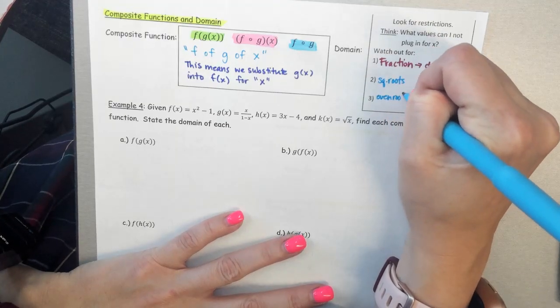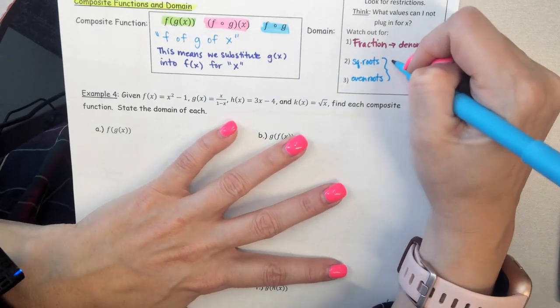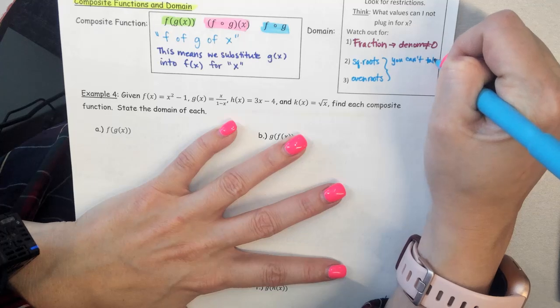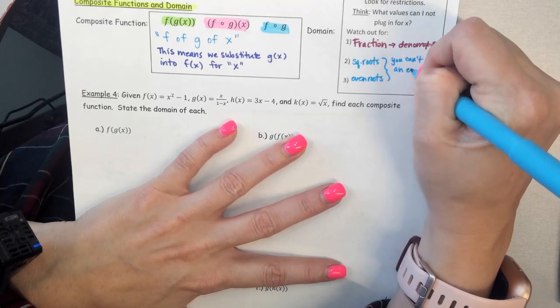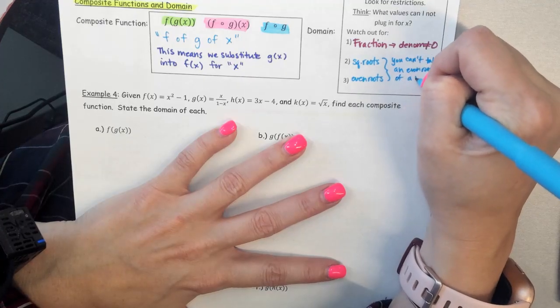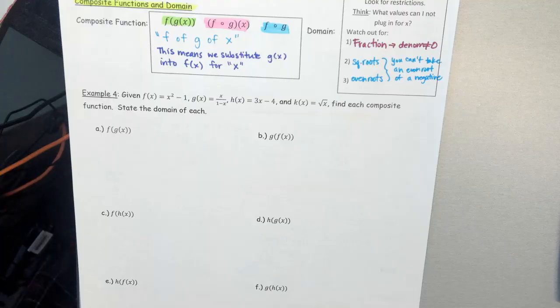Okay, so those are pretty much the same thing, and that's because you can't take an even root of a negative. Okay, you can't take an even root of a negative.